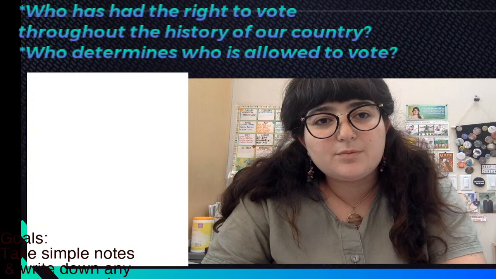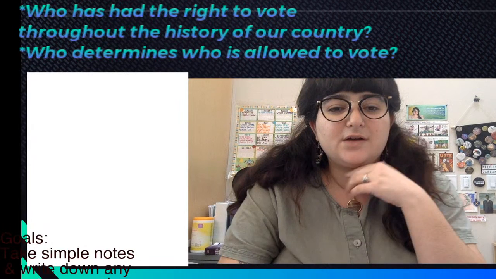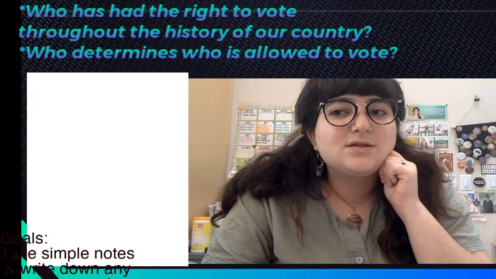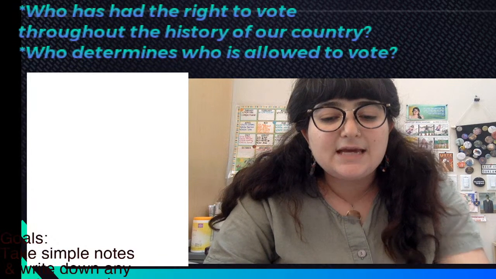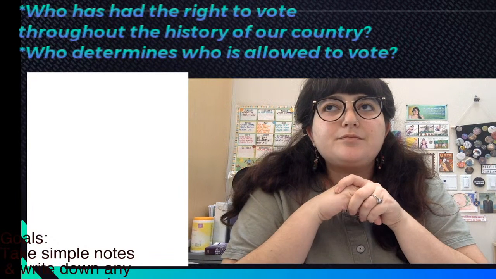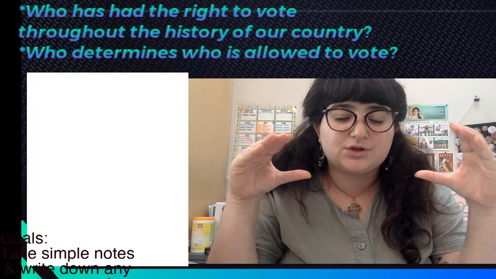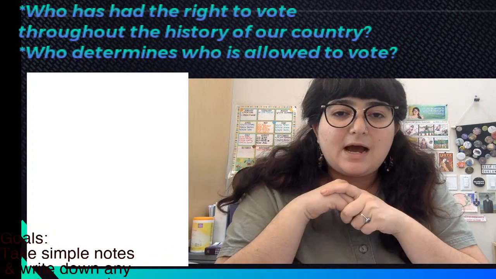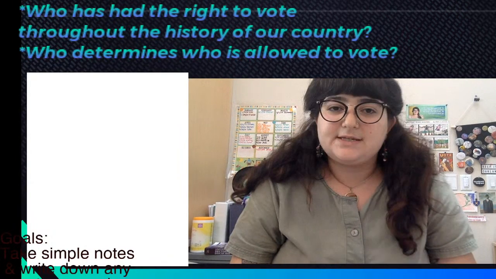Now, these are really important questions that just as citizens we have to ask ourselves. But not just that, these questions are going to guide us as we take a more macro approach to voting history throughout America. Now, fifth grade is an awesome year for so many different reasons.